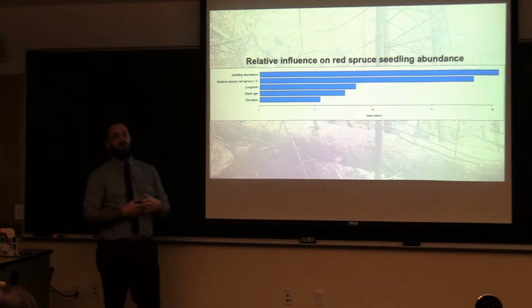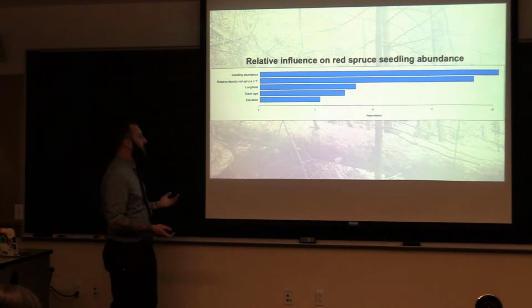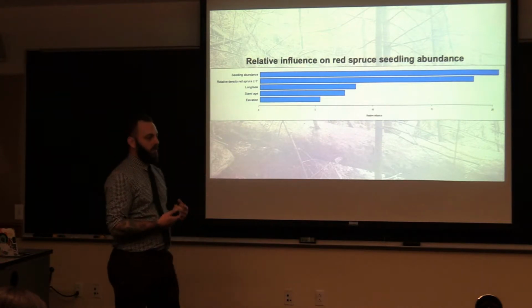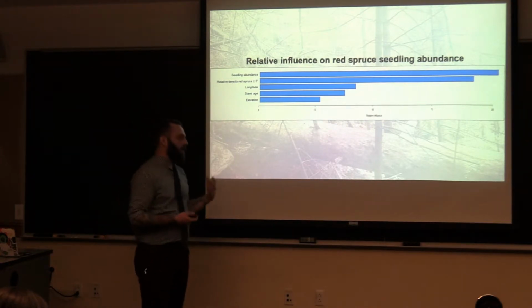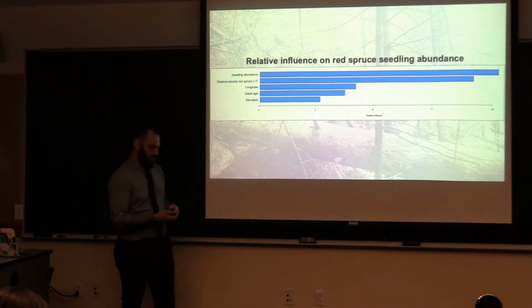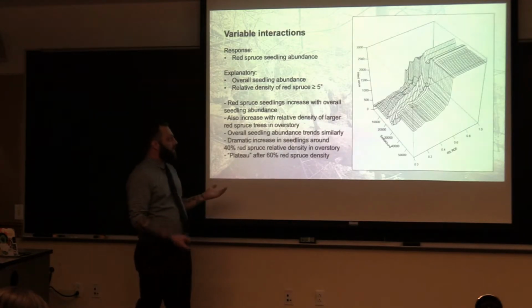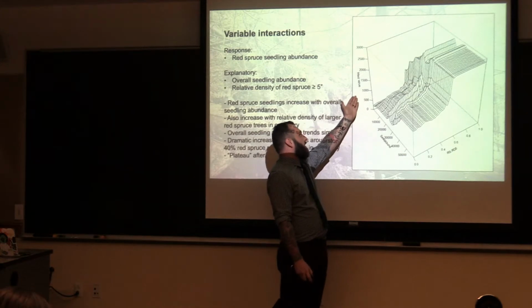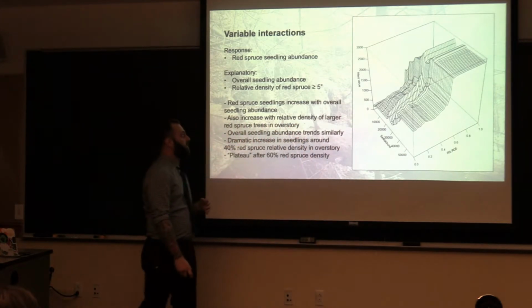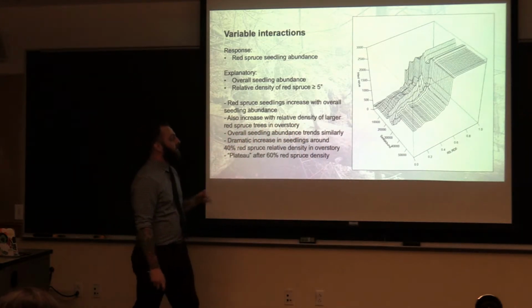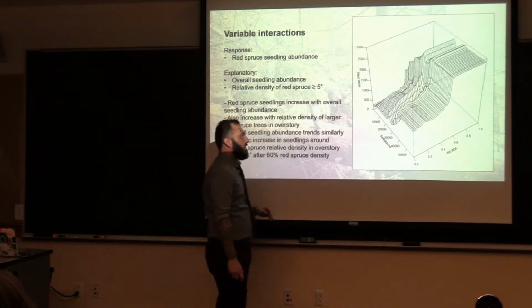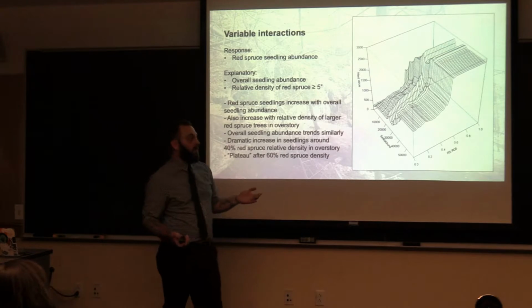So seedling abundance is overall seedling abundance with all species. Relative density of red spruce, so the percentage of red spruce stems that are 5 inches or greater. And then longitude, stand age, and elevation. And then we can also look at those interactions between variables. So on the left side here, my fitted value is the response variable, or red spruce seedlings. And we see overall seedling abundance and red spruce relative density have a positive effect overall.